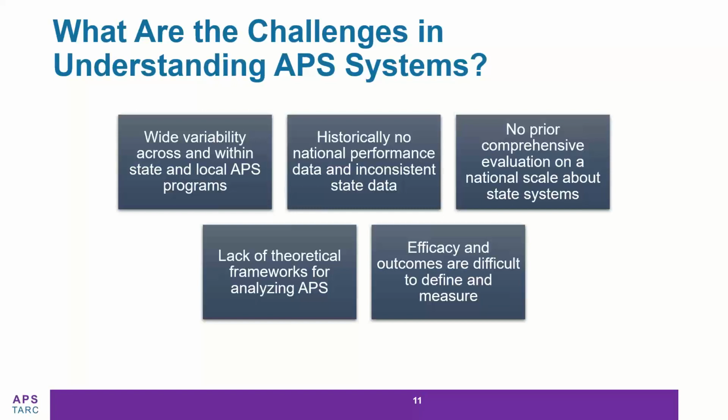There wasn't one. The other thing we were faced with, and they faced the same question when they did the outcome evaluation, which we are not talking about today, was that it's really hard to define what efficacy and what good client or system outcomes are in APS. There had been some work in that area, but not a lot. So we were doing some groundbreaking as we were doing this.